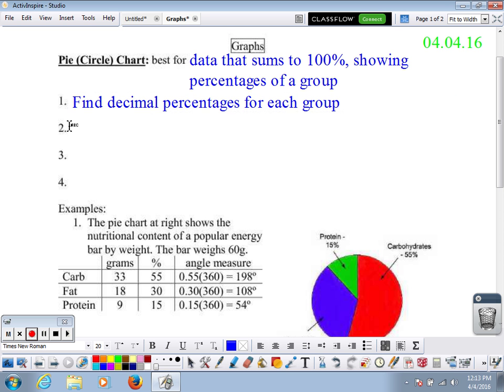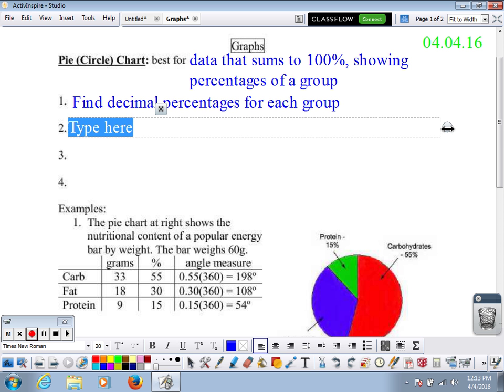Then we need to find how big of a pie slice we need to make. So we need to think about what percentage of the circle that pie slice needs to represent. Well, how many degrees are in a full circle? Milius? 100% true, but how many degrees would that be? 360 degrees.